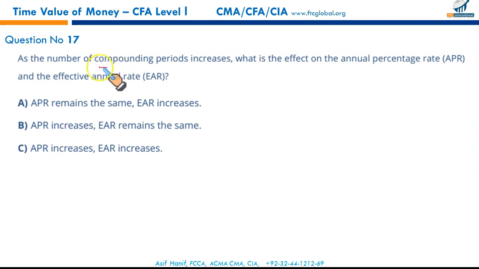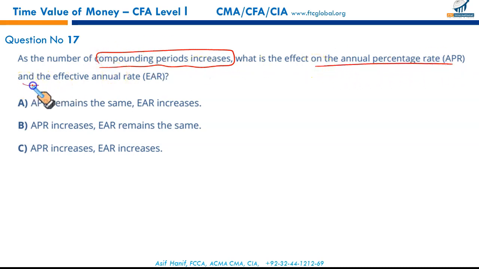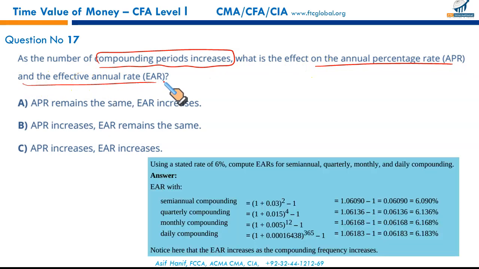As the number of compounding periods increases, what is the effect on the annual percentage rate and the effective annual rate? Here we go. That's what will assist us. When the compounding was done twice in a year, your effective annual rate was 6.09. When the compounding was increased from 2 to 4, your rate went up.